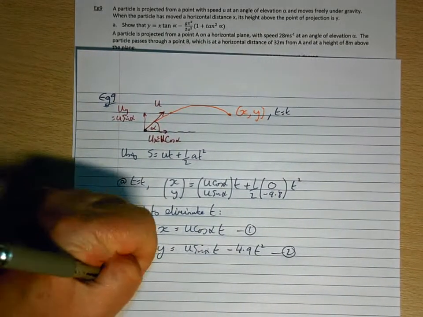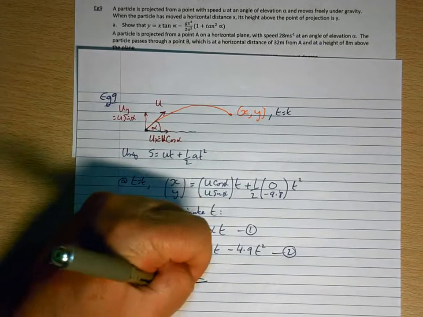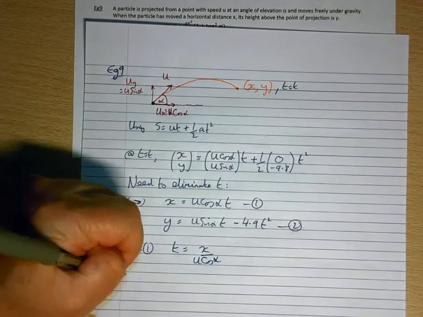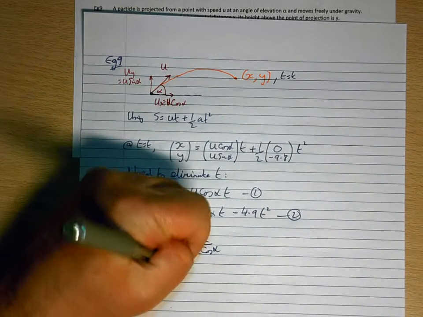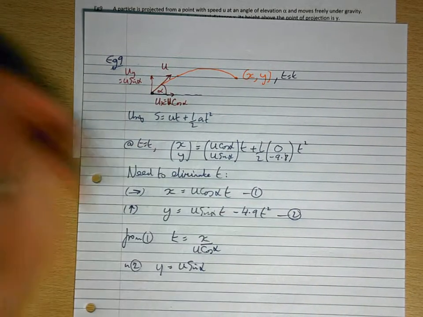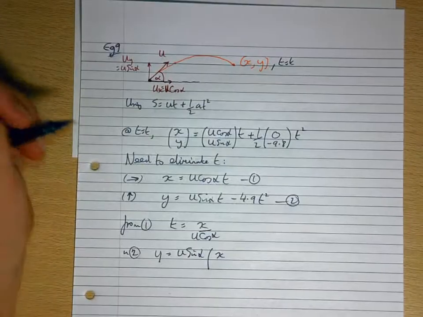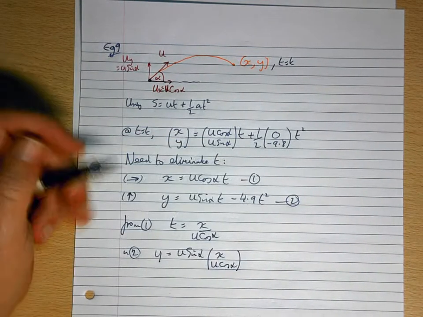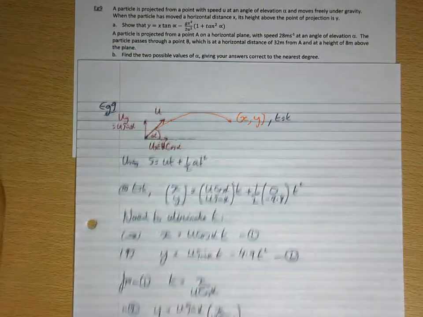So from 1, t equals x over u cos alpha. In equation 2, y equals u sine alpha, and then instead of t, I've got x over u cos alpha. Getting a bit excited now because I know from pure that sine over cos is tan, and I've got a tan in there that I'm aiming for.